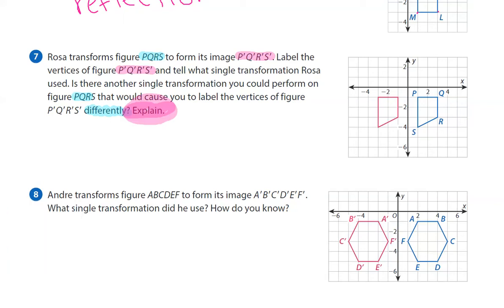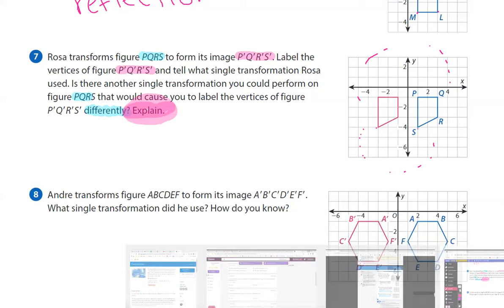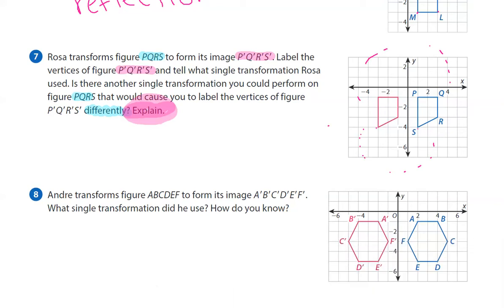Let's see. Well, we can't flip it, can we? Can we rotate it? Nope. Can I rotate it this way? Nope. It'll change the orientation both times, because remember, this thing has only changed position. The orientation is the same. It is facing the same direction both times. So that has to be a translation. Okay, oh, I guess we should label it, huh?